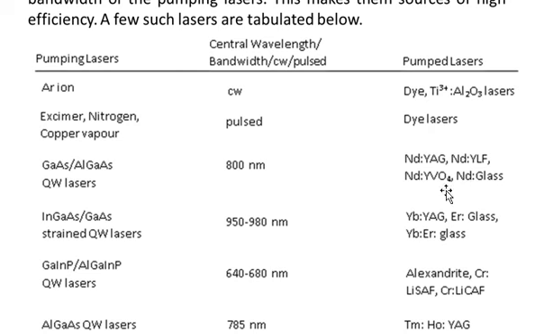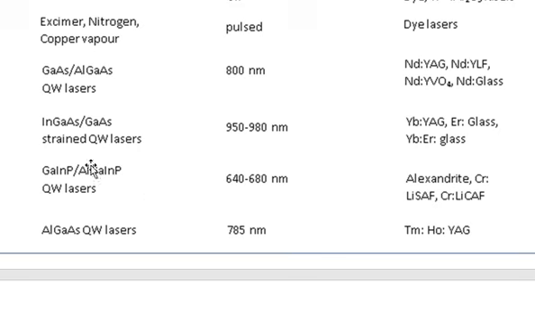So these are the pumped lasers, and the pumping lasers are the gallium arsenide, aluminium gallium arsenide quantum well lasers operating at 800 nanometers. Then we have indium gallium arsenide or gallium arsenide strained quantum well lasers, with a bandwidth of 950 to 980 nanometer.